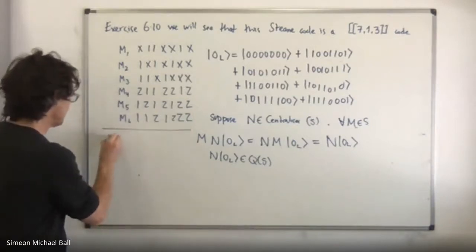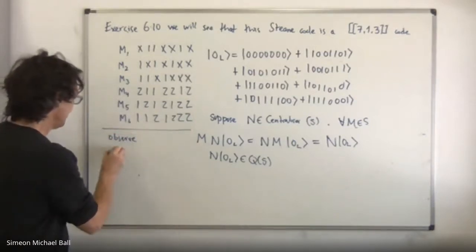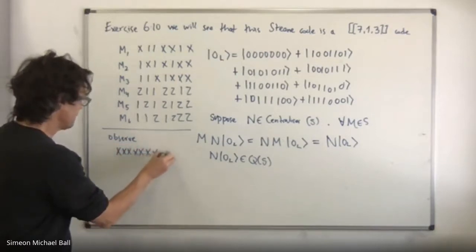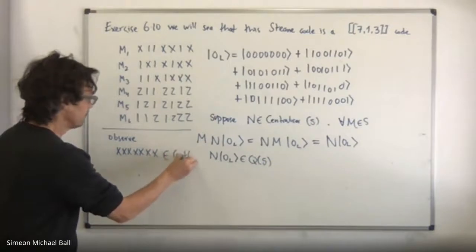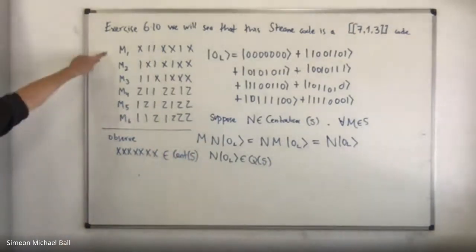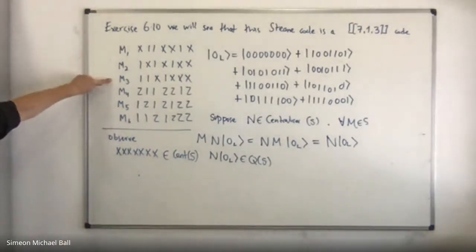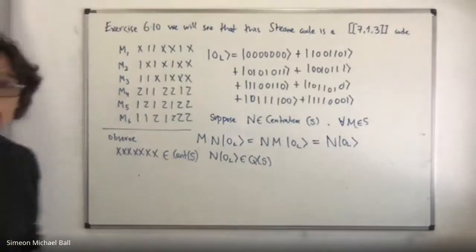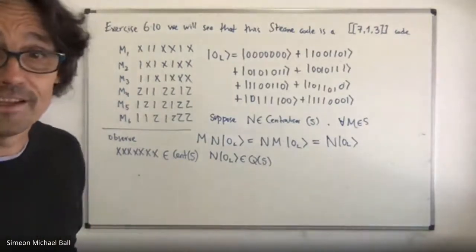Observe that x, x, x, x, x, x, x is in the centralizer. This commutes with all of those because these have all got 4 x's and these have all got 4 z's. So the x is what doesn't matter, and since these have got 4 z's, it commutes with all of those.